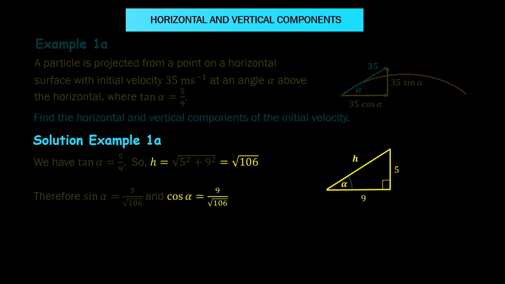And now for cos alpha. Using the formula adjacent over hypotenuse for cos alpha, we have that cos alpha equals 9, which is the adjacent, divided by square root of 106, which is the hypotenuse.